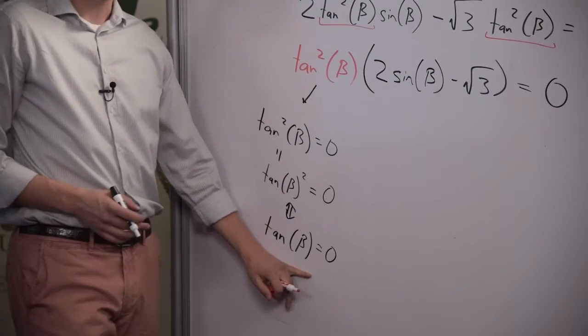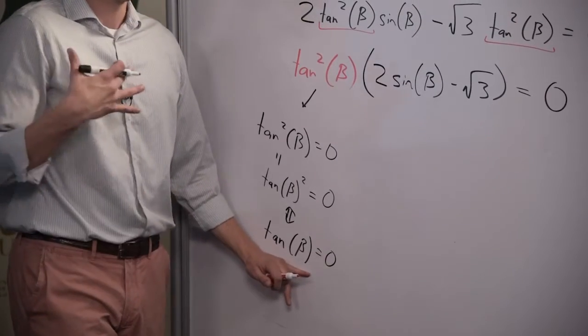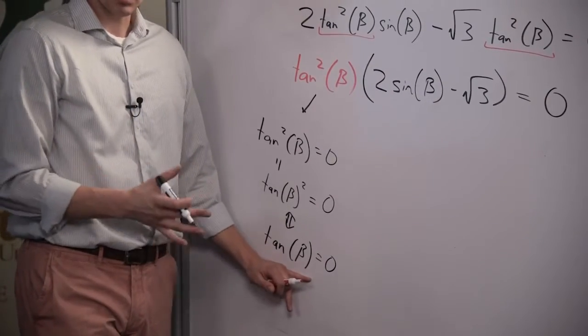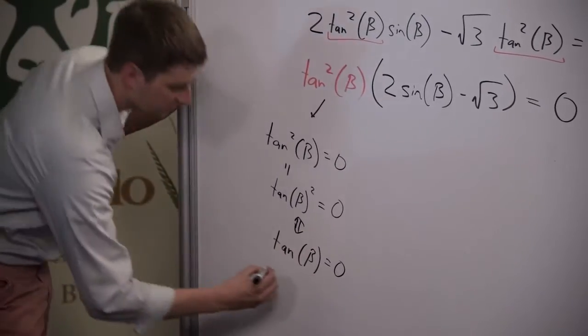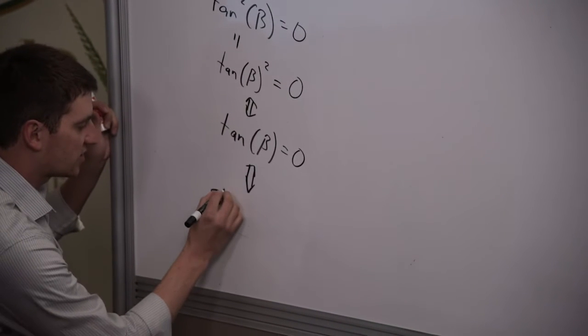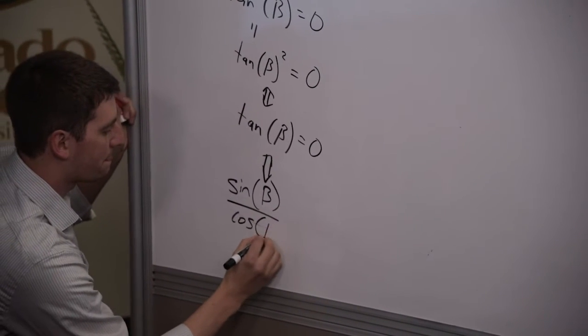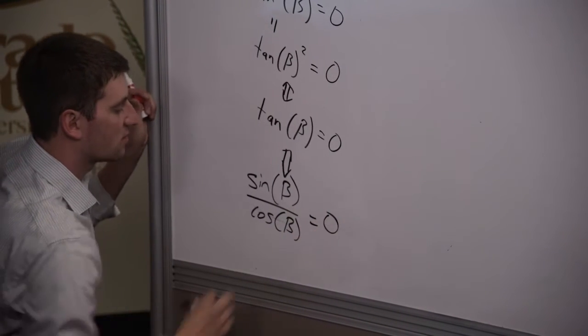And maybe you don't remember how tangent works. You don't know the values of tangent. So what we can do is rewrite this in terms of just sines and cosines. So what is tangent of beta? Well, that's just sine of beta over cosine of beta, and that's all equal to 0.